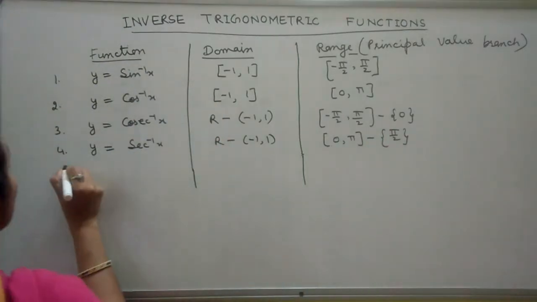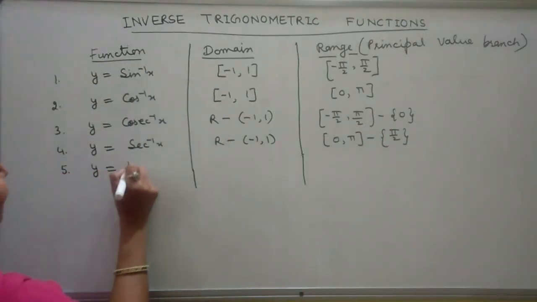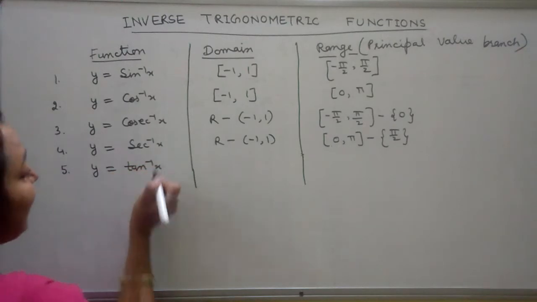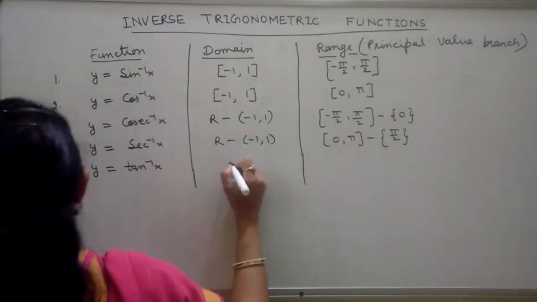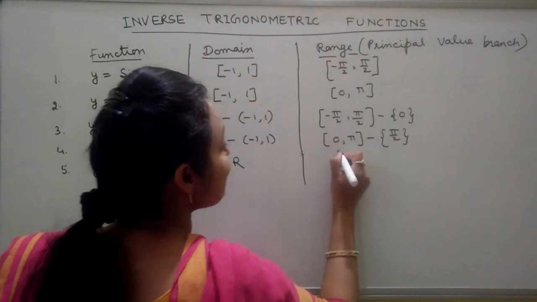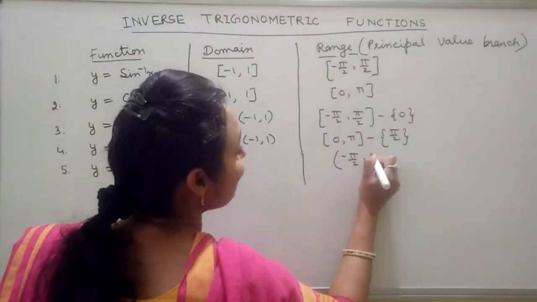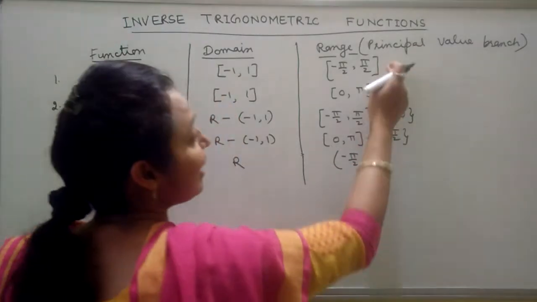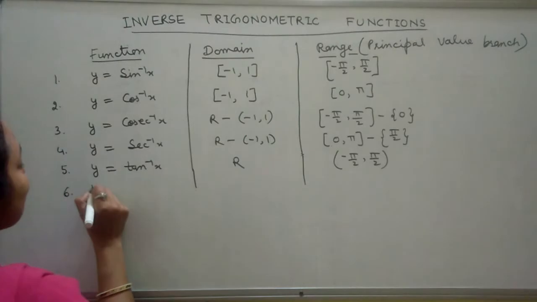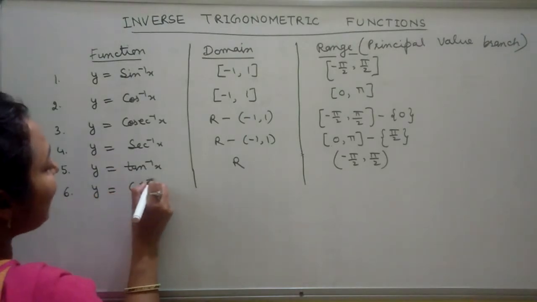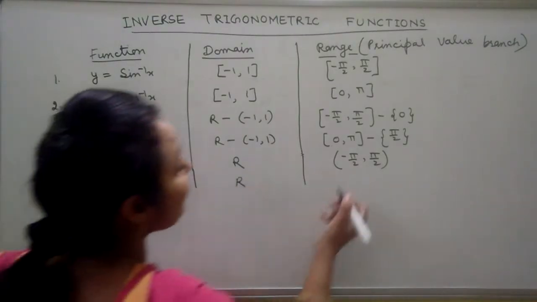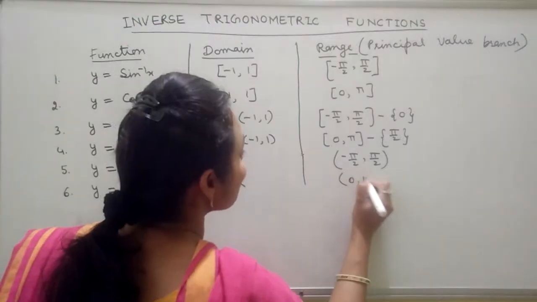Now come to the fifth function, that is tan inverse x. It has the set of all real numbers as domain, and the range is -π/2 to π/2, an open interval. And the sixth function, cot inverse x, has the set of all real numbers as domain and the open interval 0 to π as range.